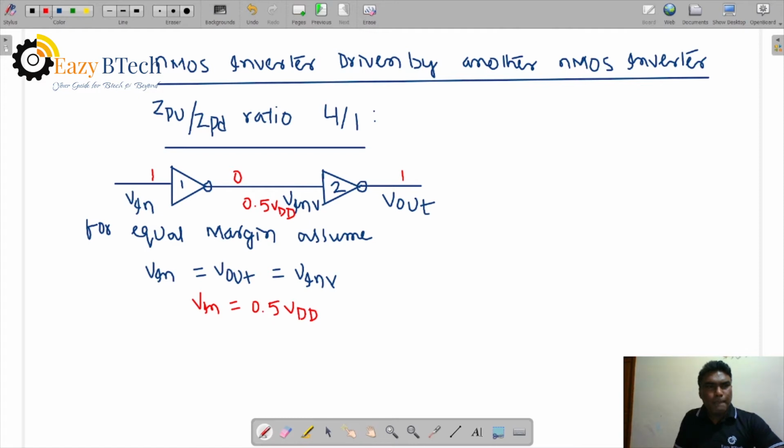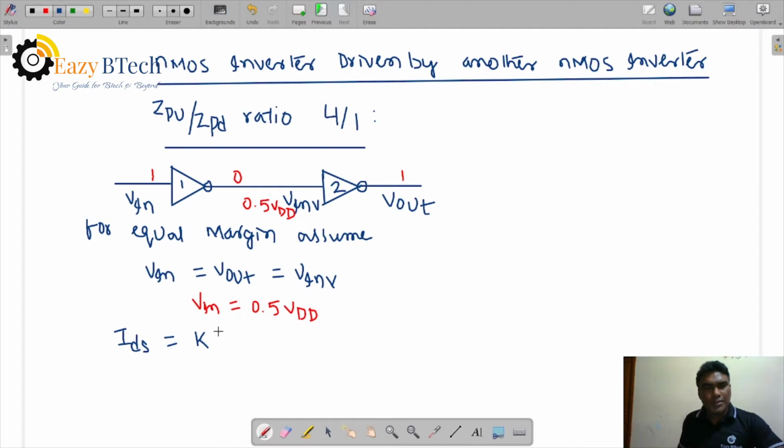Now, to maintain this jet pull up jet pull down ratio, first we can find out the current equations. IDS, the drain to source current, we already derived in NMOS enhancement transistor, in saturation region and non-saturation region.